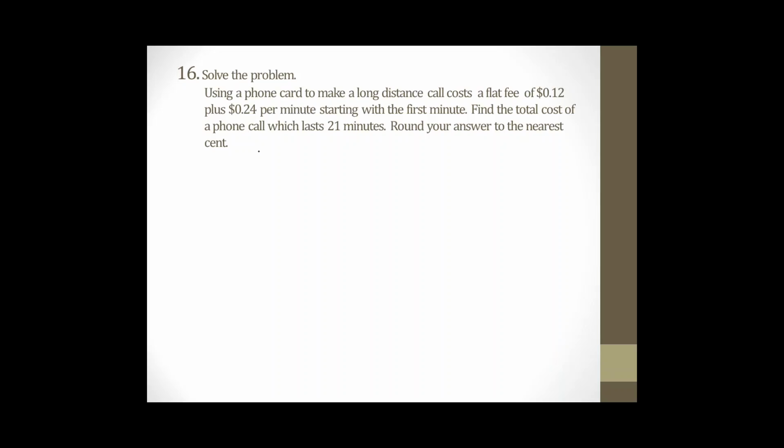So we need to write an equation that models the situation. And when you have cost, cost is typically the dependent variable because it depends on the other variable. So basically, the cost depends on the number of minutes.